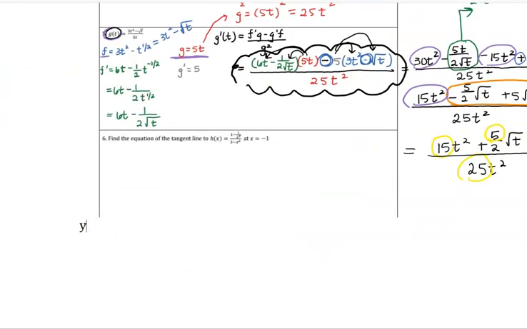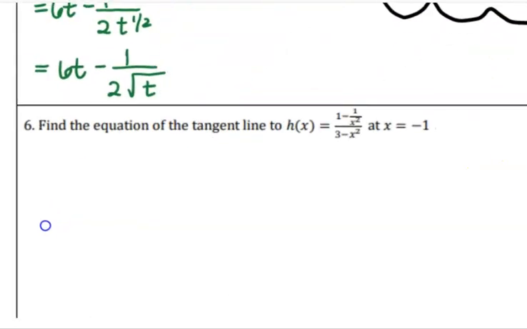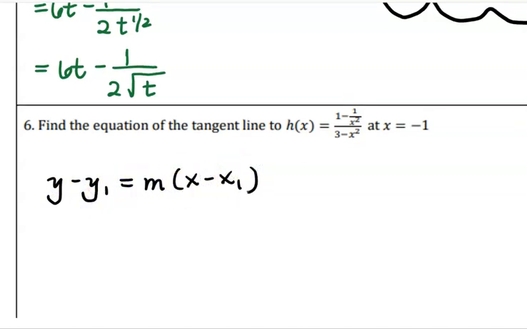In class yesterday, I talked about number 6 briefly about how we knew the answer was going to be y minus y1 is equal to m times x minus x1. I said that x1 was -1 and that we would need to plug that in. I said that we could easily find y1 by plugging -1 into the function.